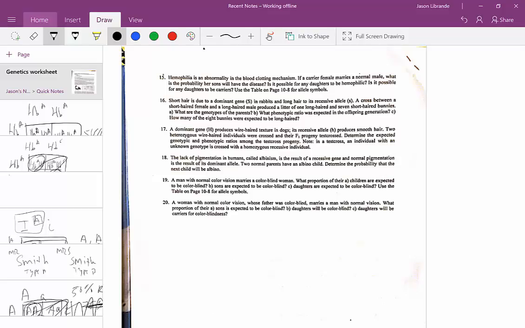Okay, so this looks like just a probability question. So a cross between a short-haired female. So short hair in this case is the dominant trait.